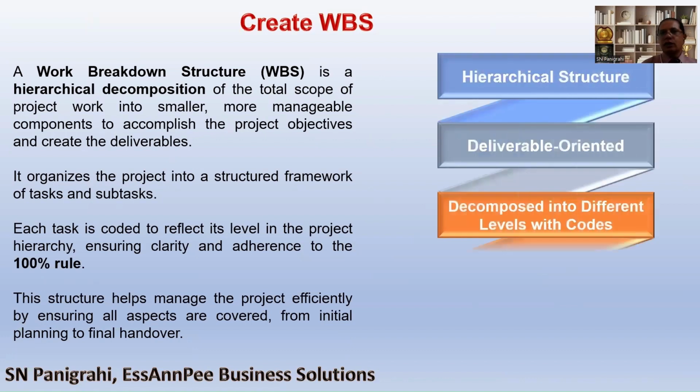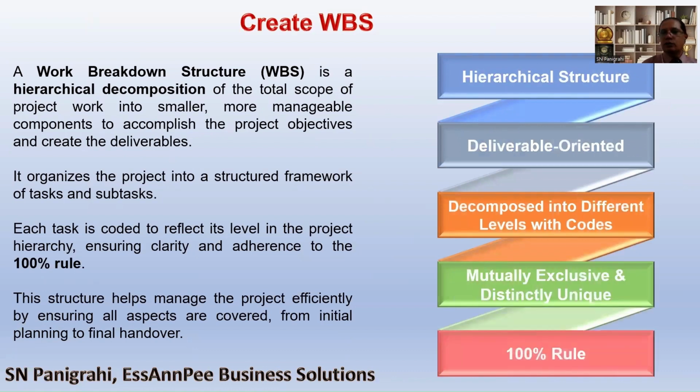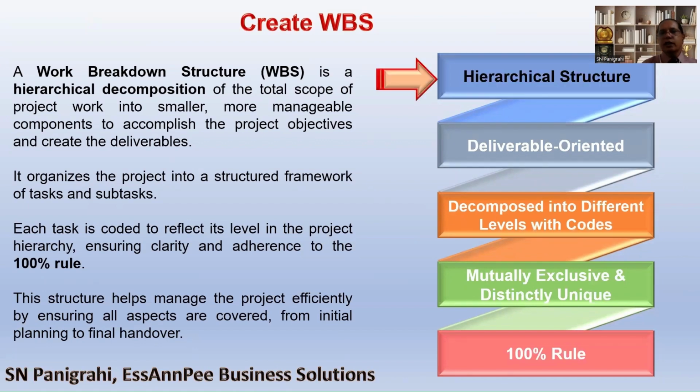So here are some of the elements of how to do the work breakdown structure. The work breakdown structure is a hierarchical structure. Hierarchically, we are making the breakdown category-wise, from the top down. So at the bottom, the work package level, we can easily estimate the schedule, the cost, and resource requirements.